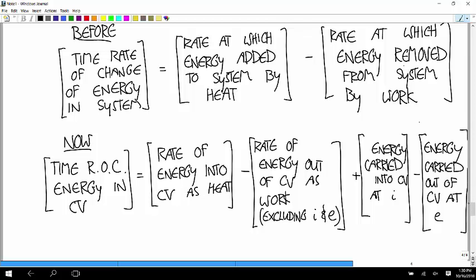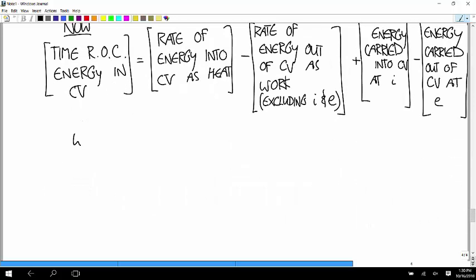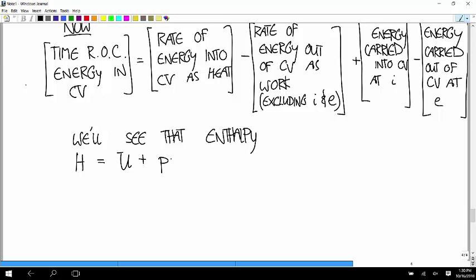And I'm going to go through this derivation next time. It's not horribly long or anything. We'll see that enthalpy, and remember enthalpy is equal to the total internal energy plus the pressure times the volume.